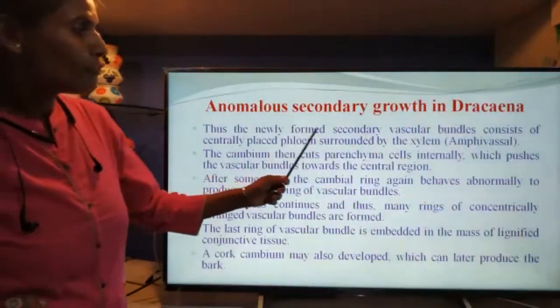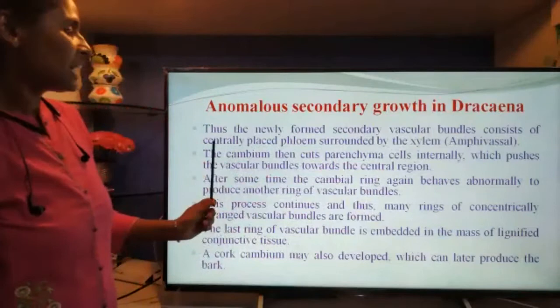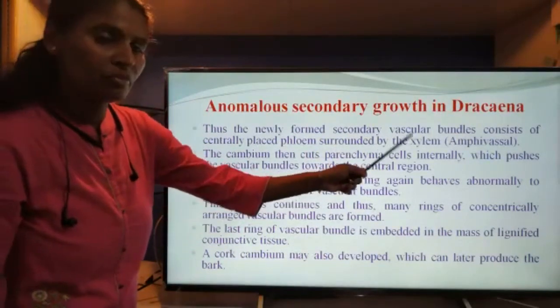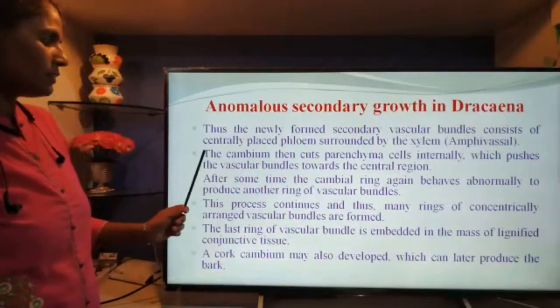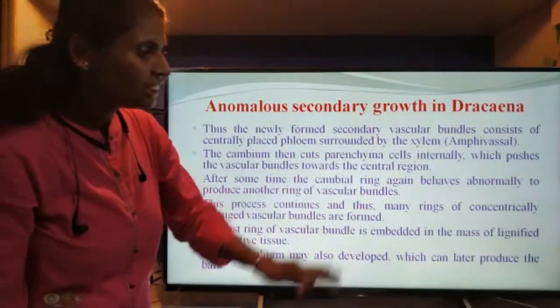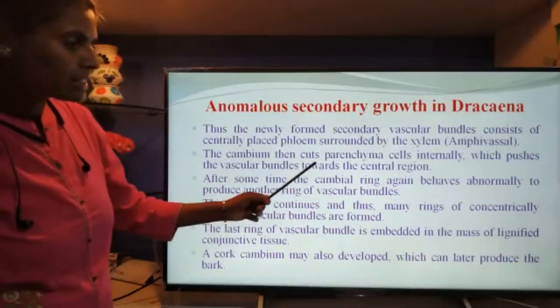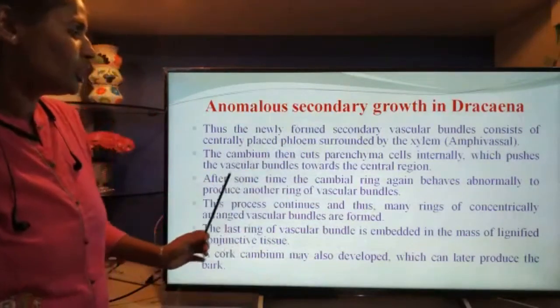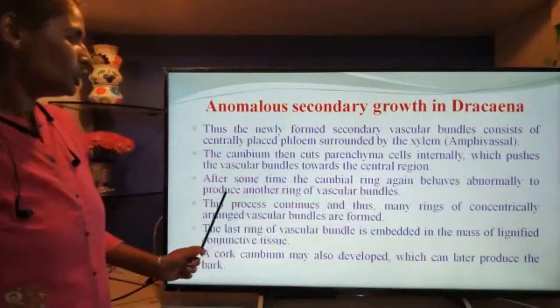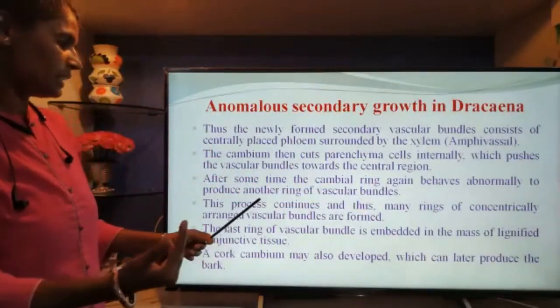Thus, the newly formed secondary vascular bundle consists of centrally placed phloem surrounded by the xylem. That condition is called amphivasal vascular bundles. The cambium then cuts parenchyma cells internally, which pushes the vascular bundle towards the central region. After some time, the cambial ring again behaves abnormally to produce another ring of vascular bundles.